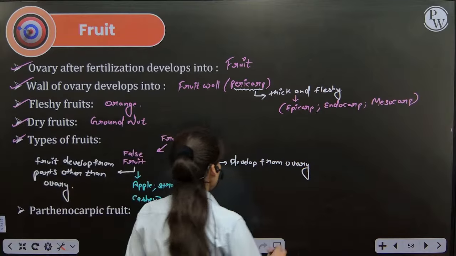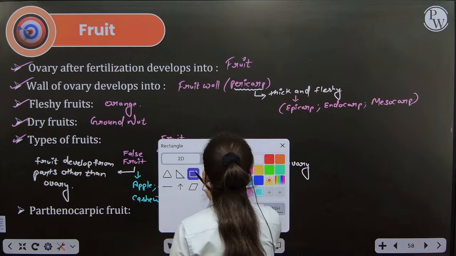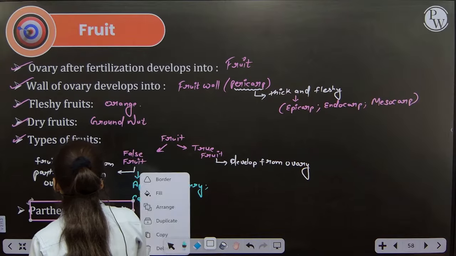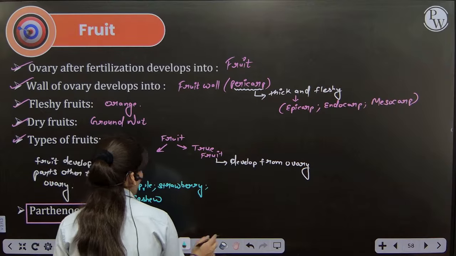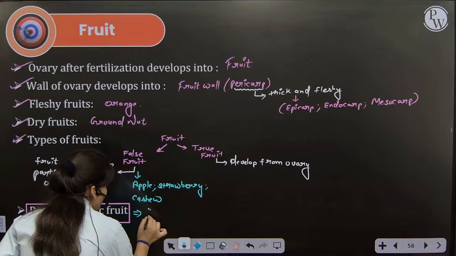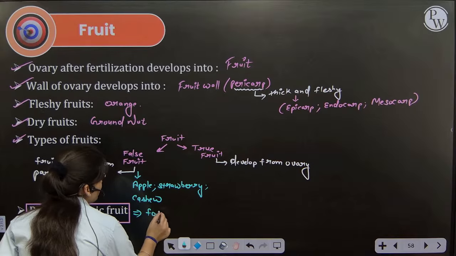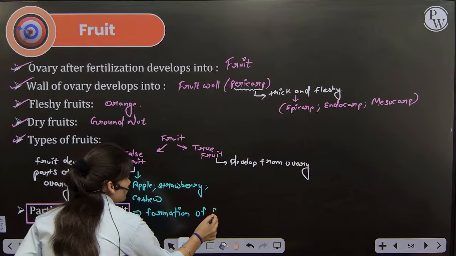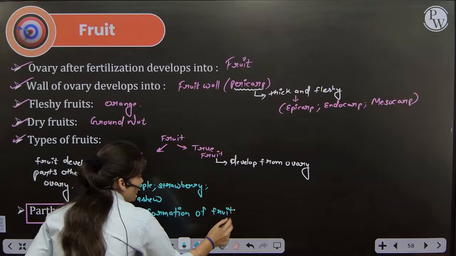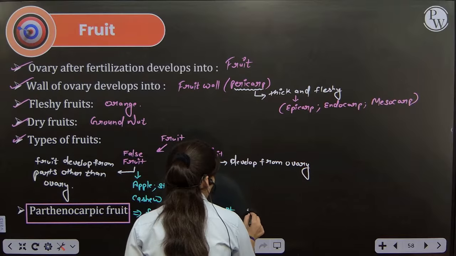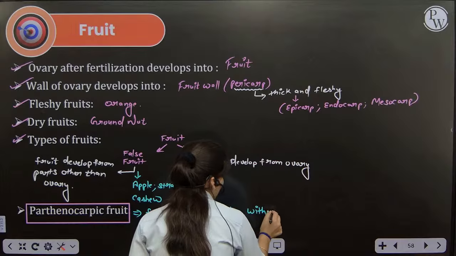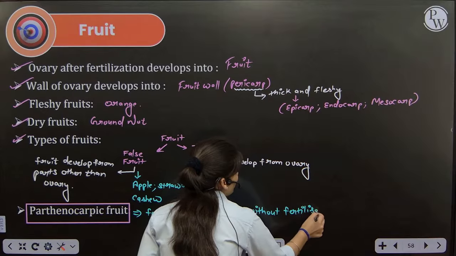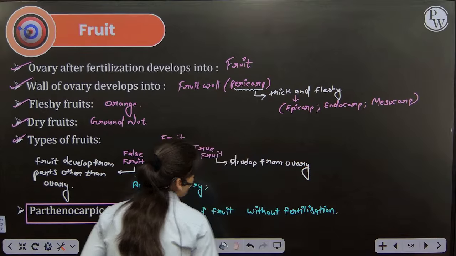Now, parthenocarpic fruit. The formation of fruit without fertilization is known as parthenocarpic fruit. Without fertilization, they are seedless fruits.